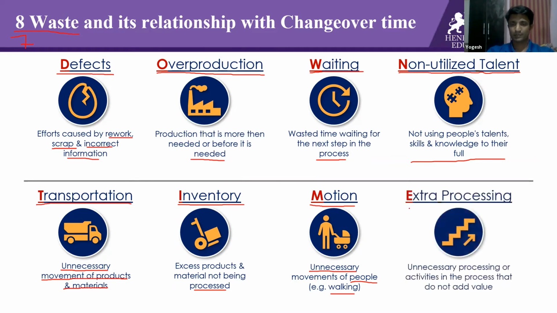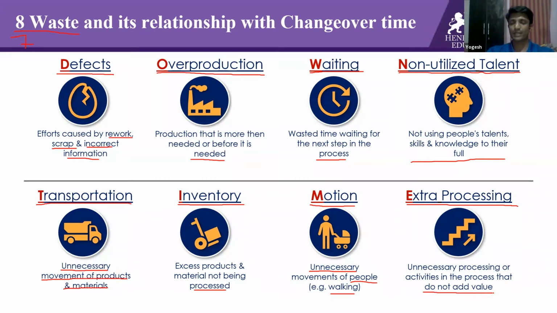Then the last waste category is extra processing, also called over processing, right? Extra processing means unnecessary processing or activities in the process that do not add value. Not adding value means the customer is not willing to pay for that processing. So this is from the customer perspective.